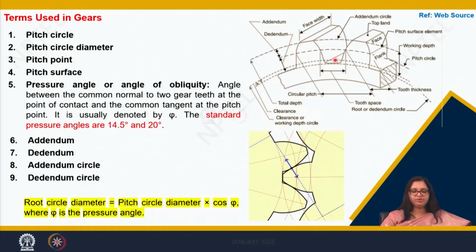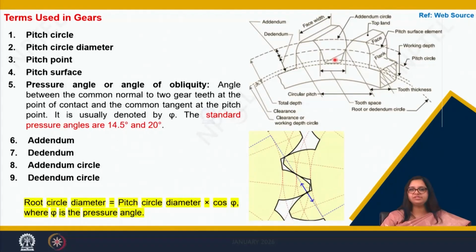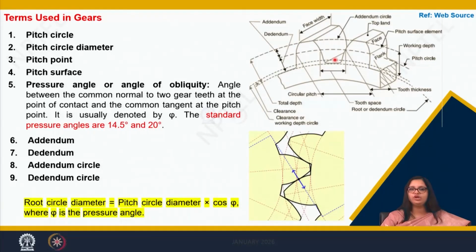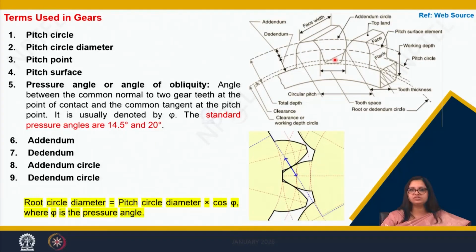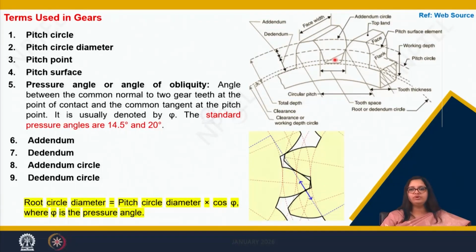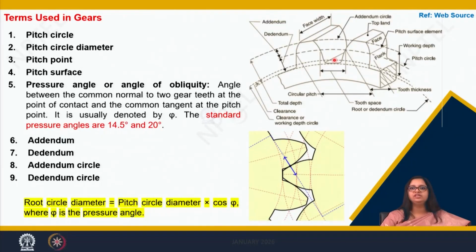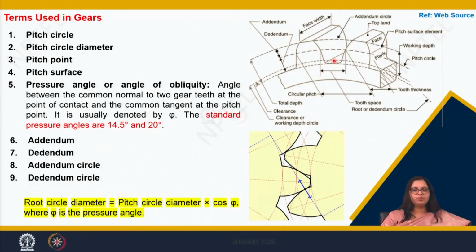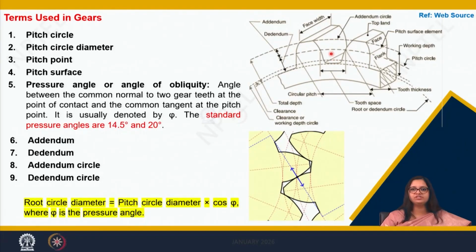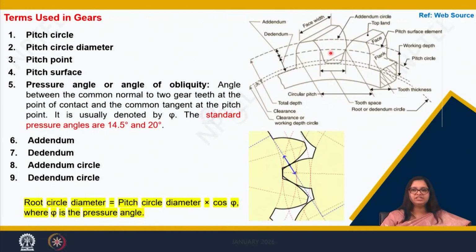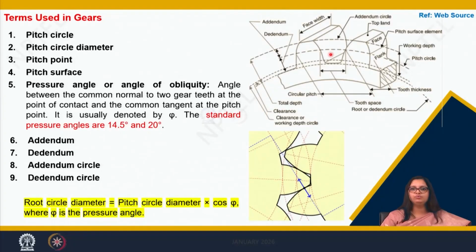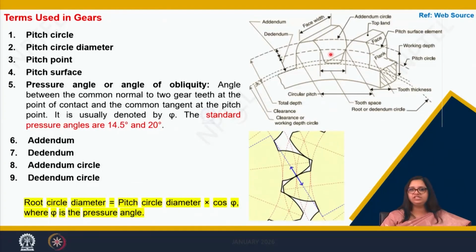Now when we are talking about the pitch circle diameter or pitch point, we are considering a cross section of this gear. However, the gear is not a 2D element; it is a 3D object. So while we are talking about a 3D object, instead of a point, there will be a surface which should be meeting with each other.